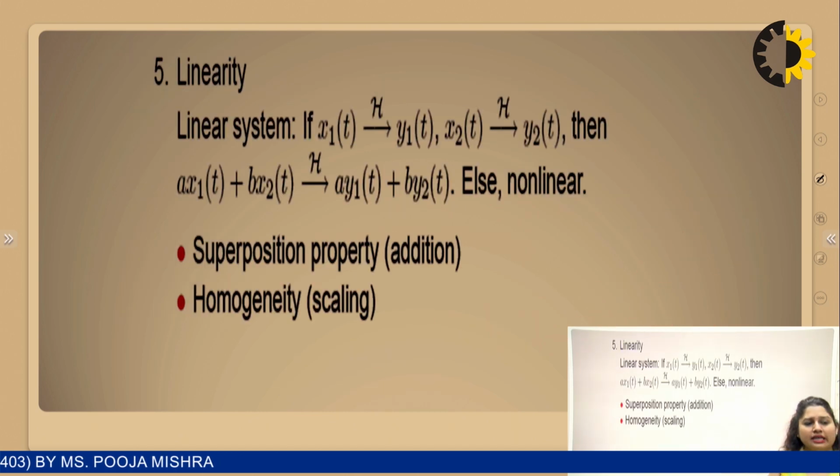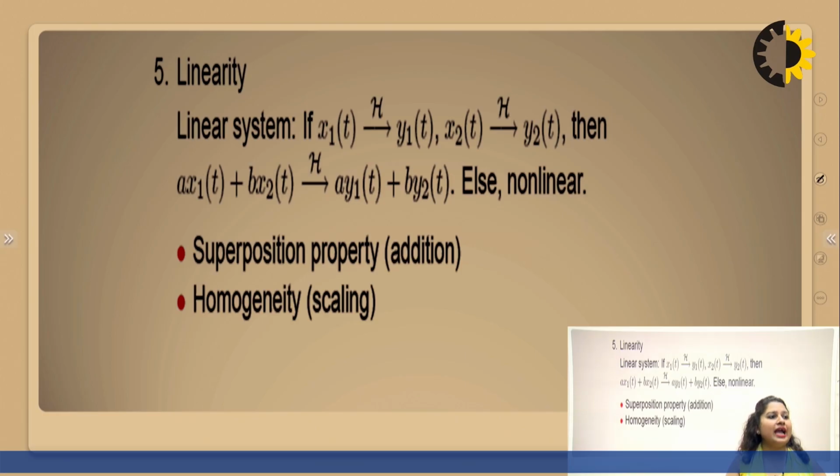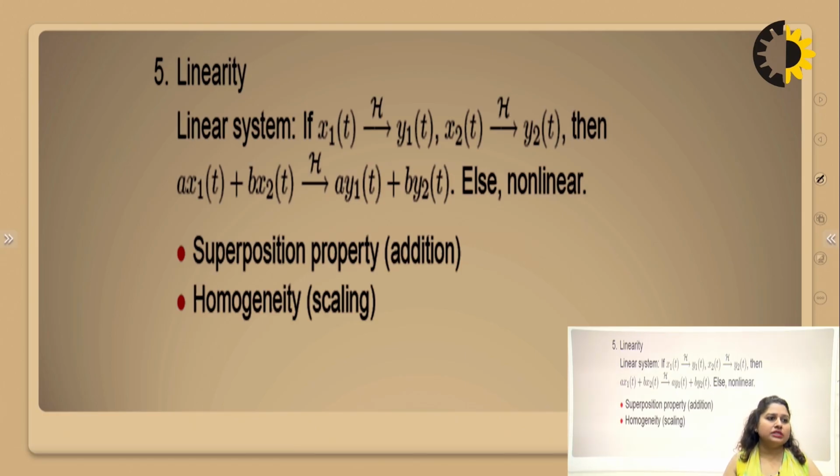Next is linearity. In linearity, we have to follow two principles: superposition and homogeneity. In superposition, we add two signals and apply them to the system, and we get the output as the addition of the two outputs, like x1(t) plus x2(t) gives y1(t) plus y2(t). If it also follows homogeneity, then a x1(t) plus b x2(t) is equivalent to a y1(t) plus b y2(t), where a and b are arbitrary constants.